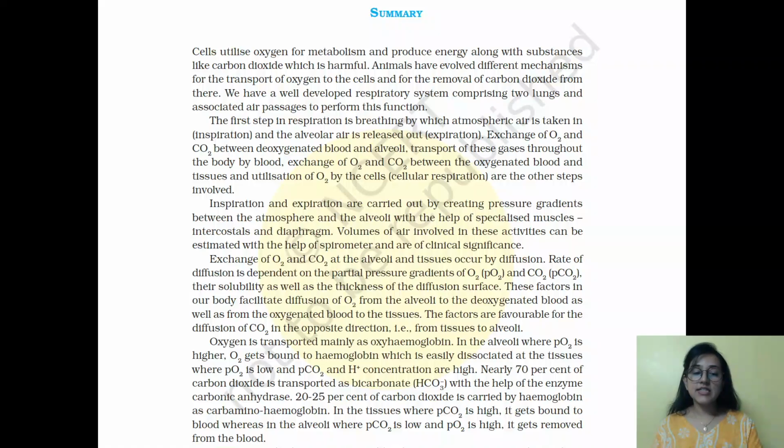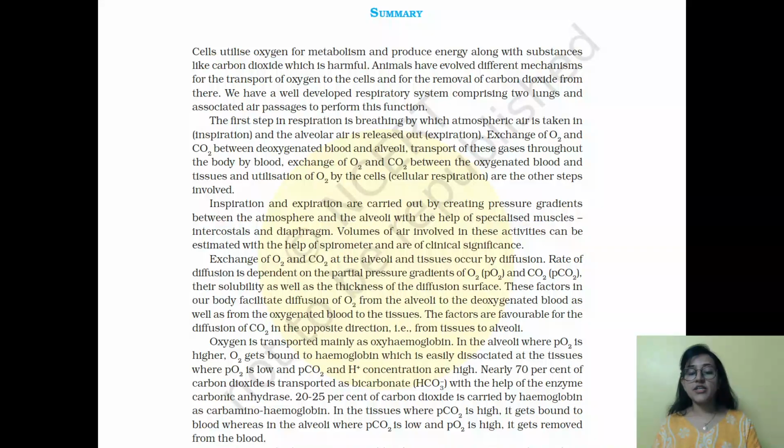These factors in our body facilitate diffusion of oxygen from the alveoli to the deoxygenated blood as well as from the oxygenated blood to the tissues. The factors are favorable for the diffusion of carbon dioxide in the opposite direction, that is from tissues to alveoli.